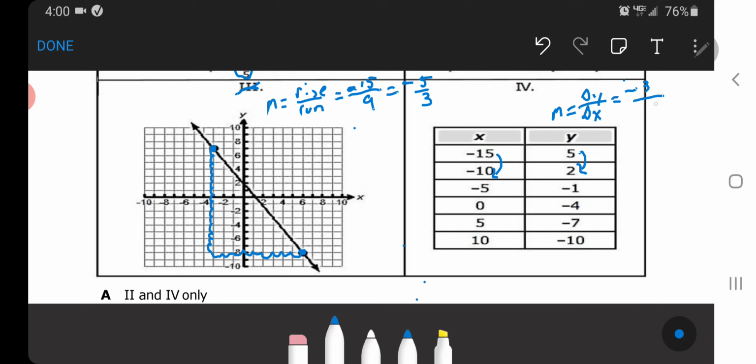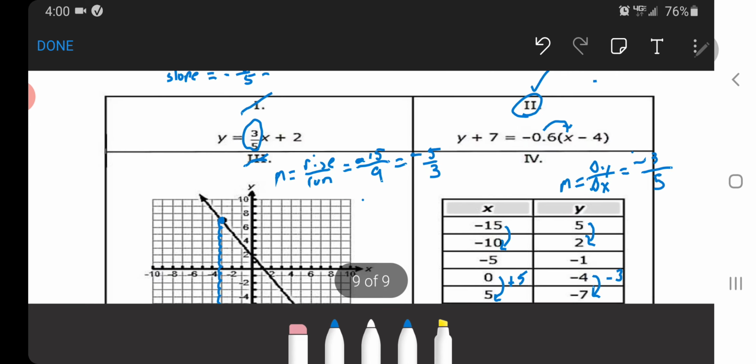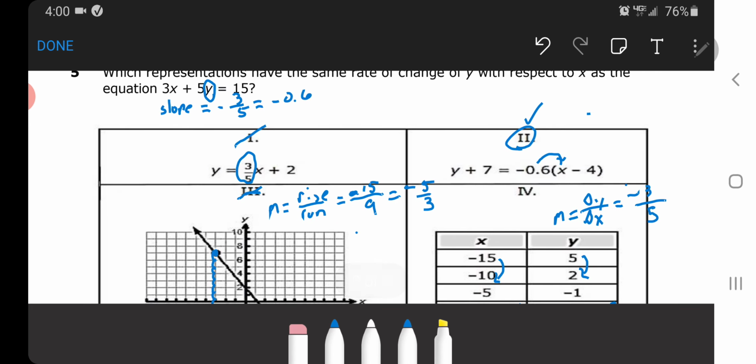So our change in x is positive 5. If you don't believe me, we can check it with something else real quick. Let's go with negative 4 to negative 7. That's going down by 3 units. And 0 to 5 is going up by 5. So once again, our change in y is negative 3 over our change in x, which is 5. So negative 3 over 5, which does match up with what we found originally right here.